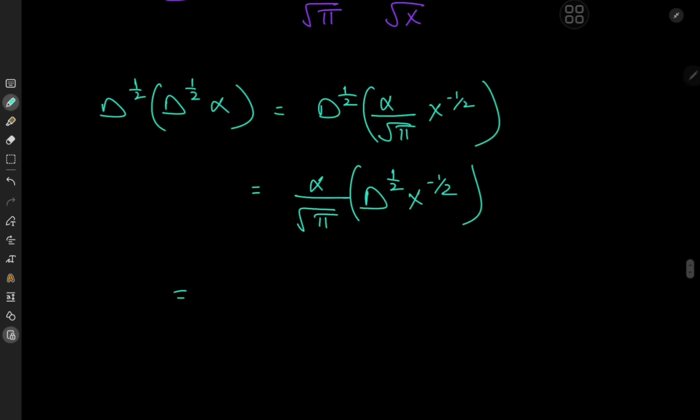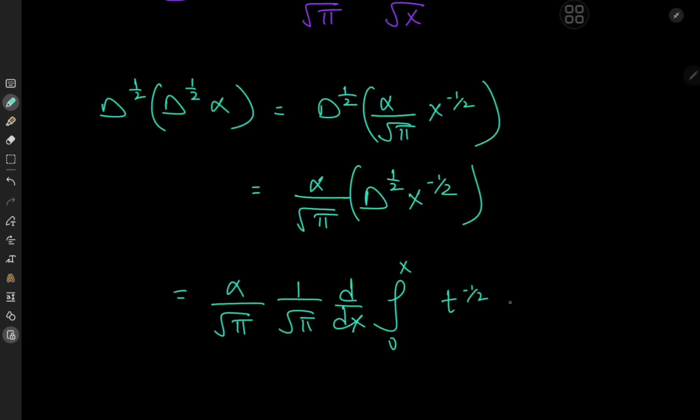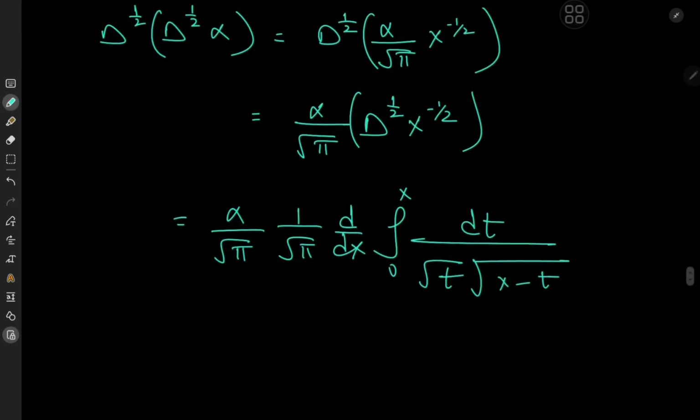Now let's expand this in the integral form. We have alpha divided by root pi, 1 by root pi again, derivative with respect to x, integral 0 to x, and now the function is t to the negative 1/2, or I could just write this as dt divided by root t times root (x minus t).